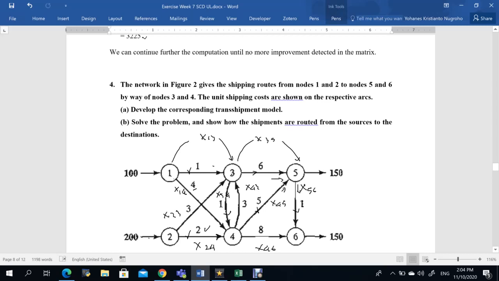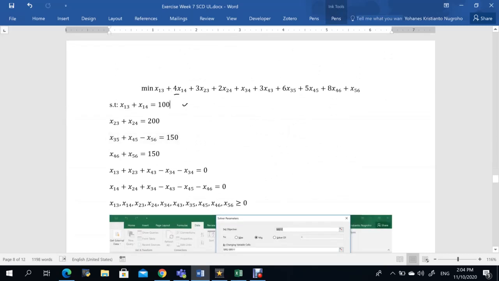The entering material coming from 1 and 2 and also from 4 should equal the leaving material from 3 to 4 and 6, and we have constraint number 3.